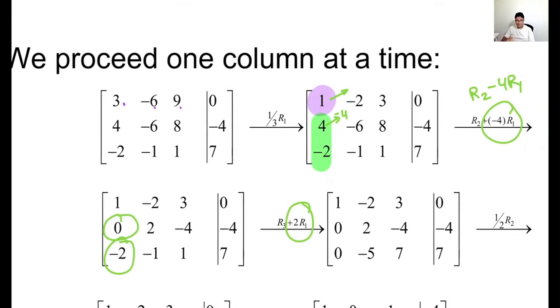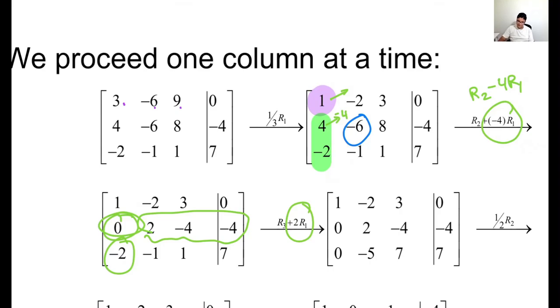Once again, I will emphasize, make sure that you don't do it only for that element, right? It's not that only this element becomes 0 here. That R2 minus 4 R1 is done on the rest of the row also. For example, I will explain one of them. Here it was -6 and you are subtracting.